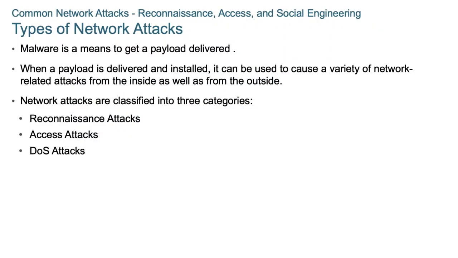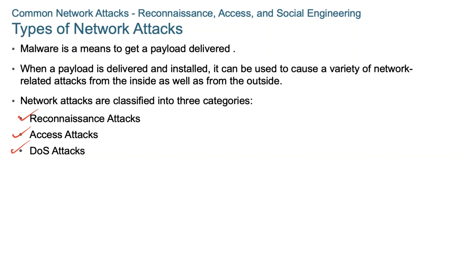This type of attacks includes the reconnaissance attack, access attack, and denial of service attacks. To mitigate the attacks in the network, it is useful to first categorize the various types of attacks.